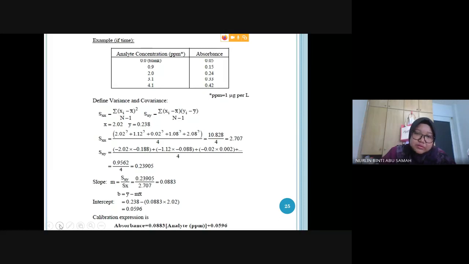You need to know how to calculate the slope and also the intercept. So overall, the calibration curve will follow y equals mx plus c. Y equals mx plus c is the linear expression that represents the linear slope.